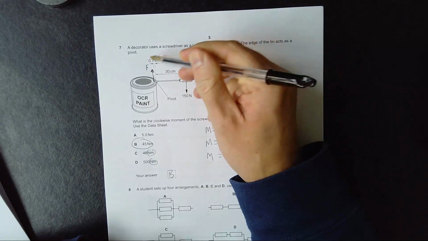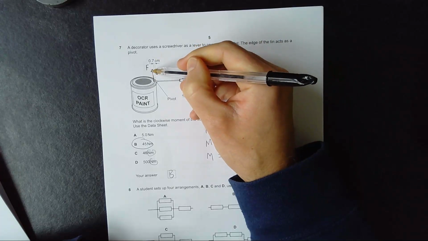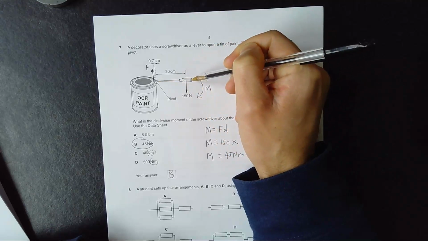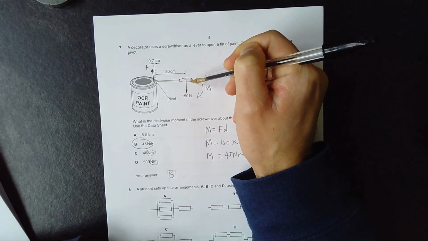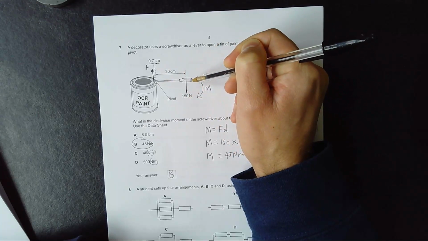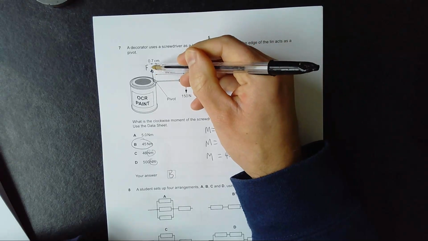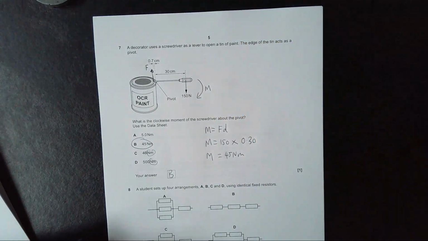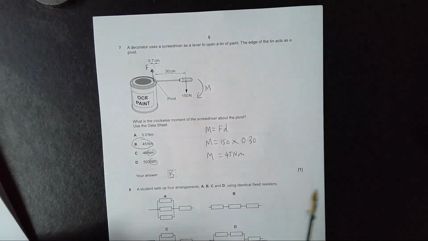Okay, and what you find if you did that is that the force would end up being a lot larger than 150 newtons because of this leverage we get from the screwdriver. That's why it's a lot easier to open a paint can with a screwdriver with a long handle, because you can generate a much larger force if you're closer to the pivot. Okay, so yeah, but we don't actually need it for this question.